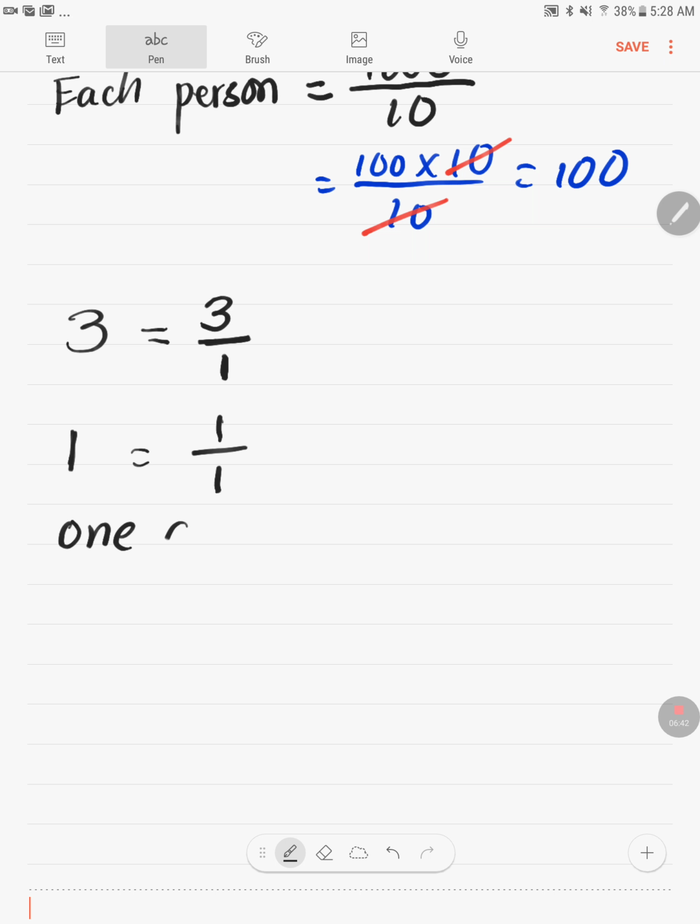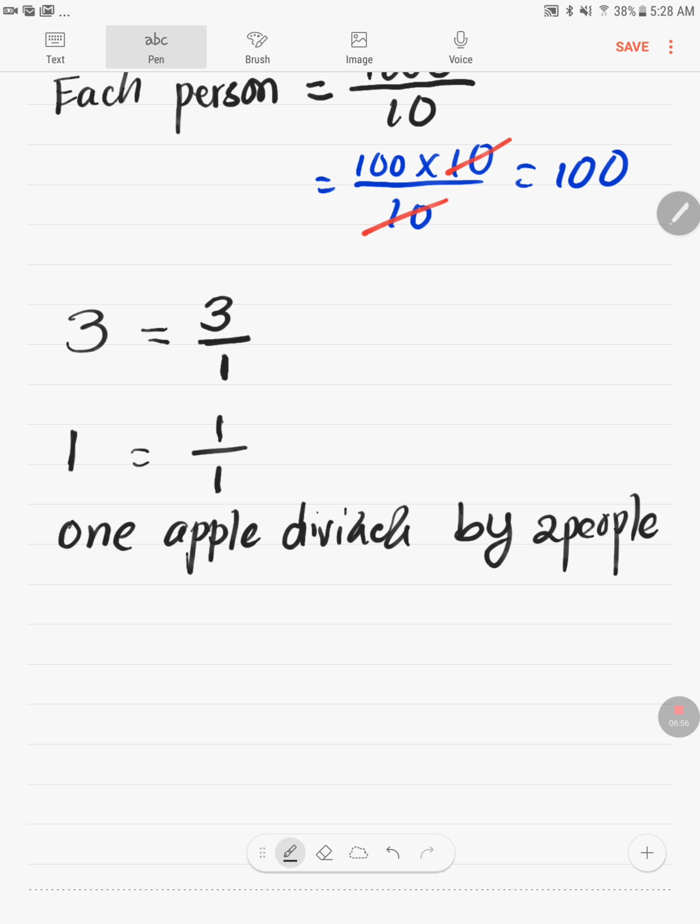So one apple divided by 2 people. We have one apple, we divided it by 2. So each one gets 1 over 2, or 1 apple over 2. And this is actually called half.